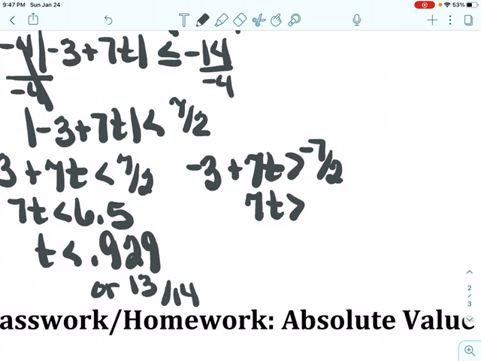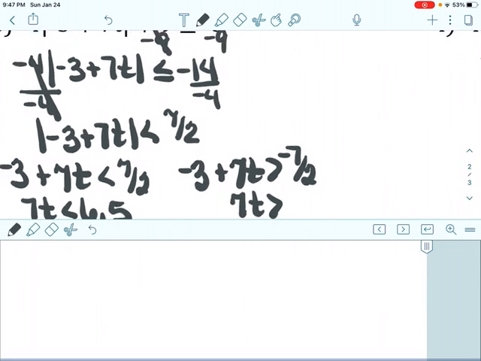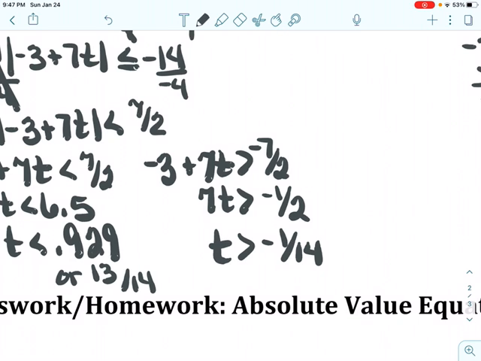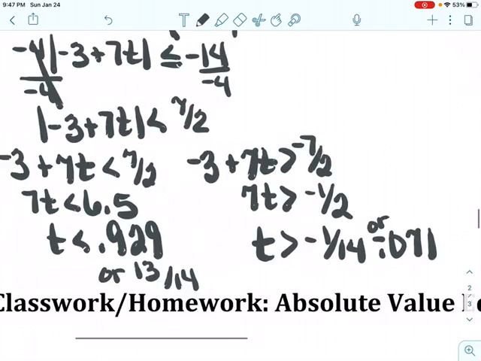Okay, so here we're going to add the three. Okay, so I get negative 1/2, and we're going to divide that by 7. I get negative 1/14, or negative 0.071.